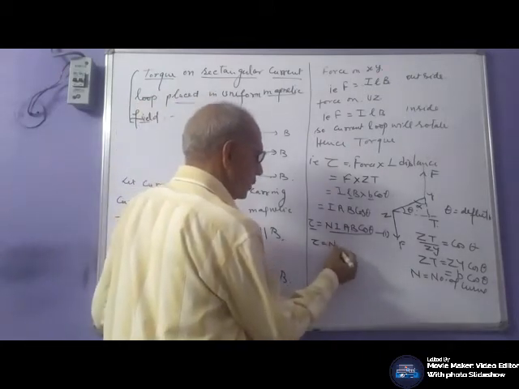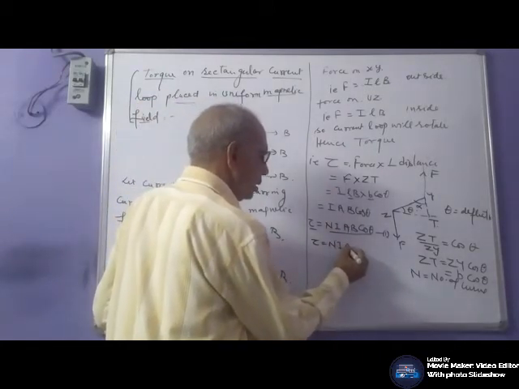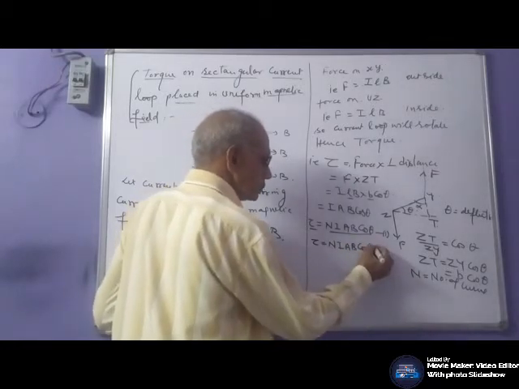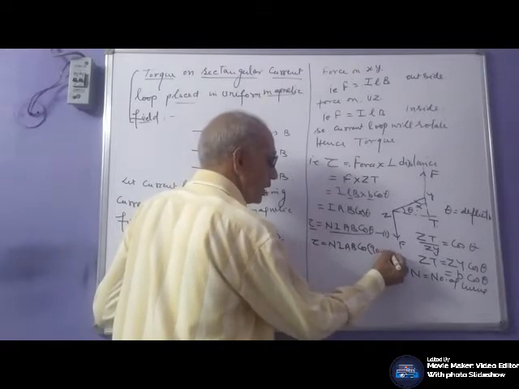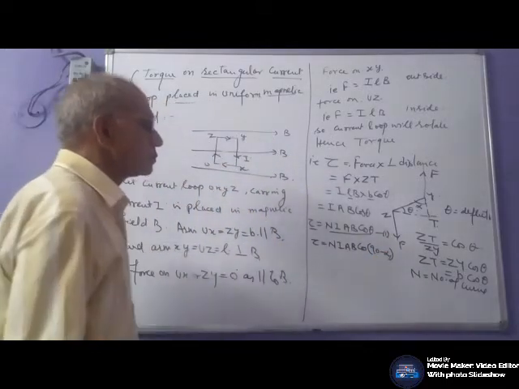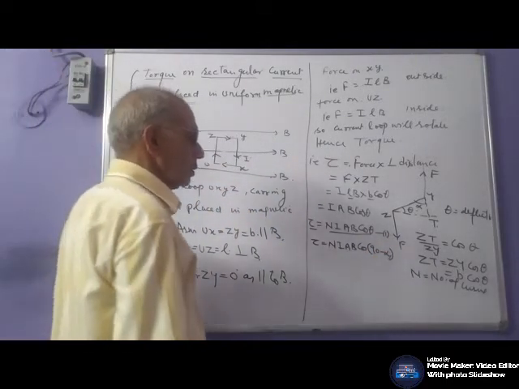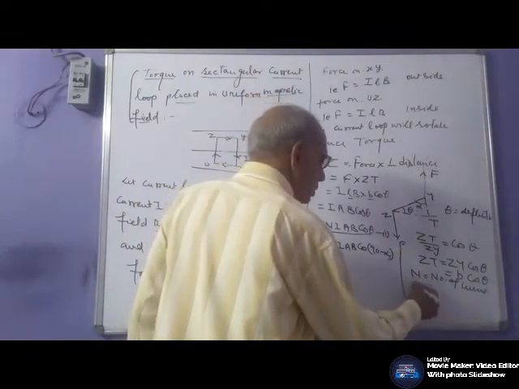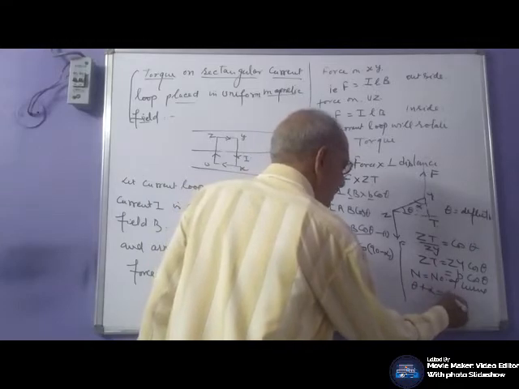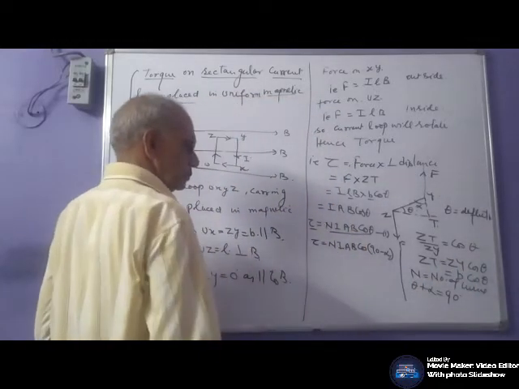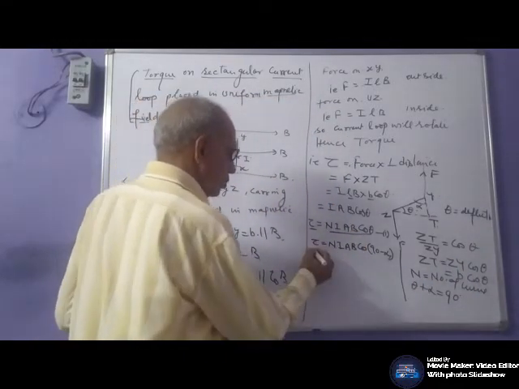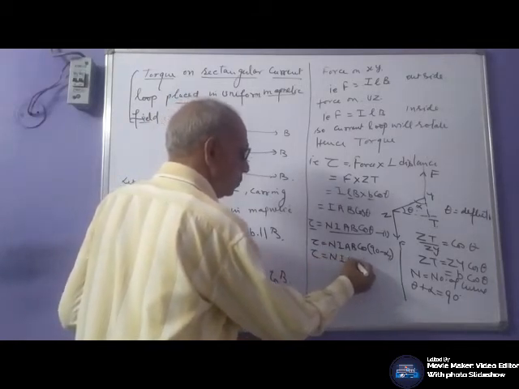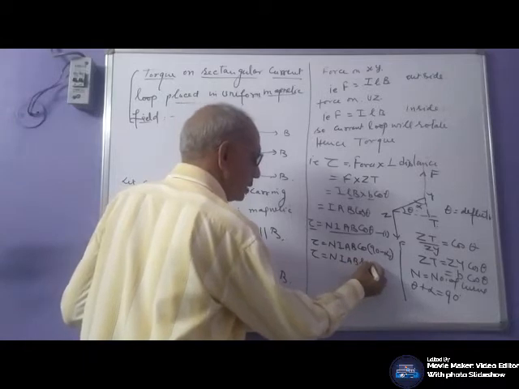N I A B cos of 90 minus alpha. Why? Theta plus alpha is 90. So torque is N I A B sin alpha.